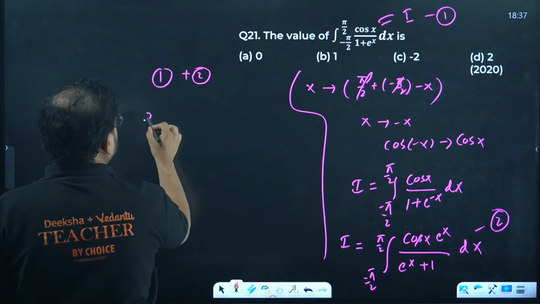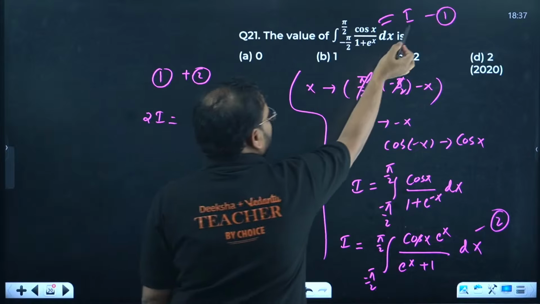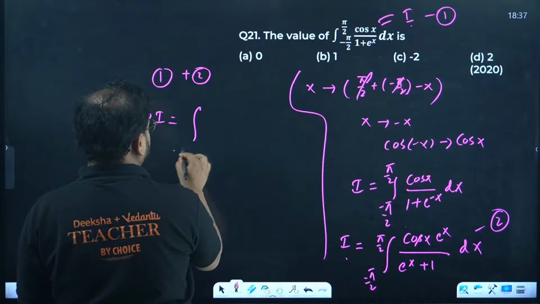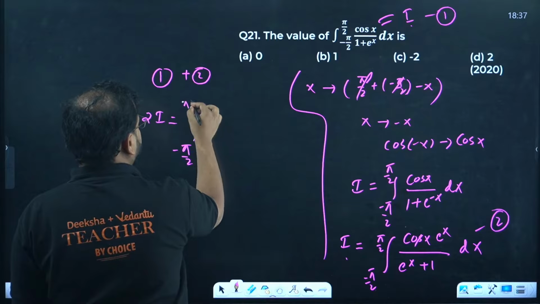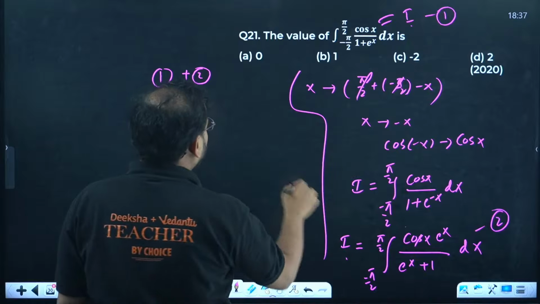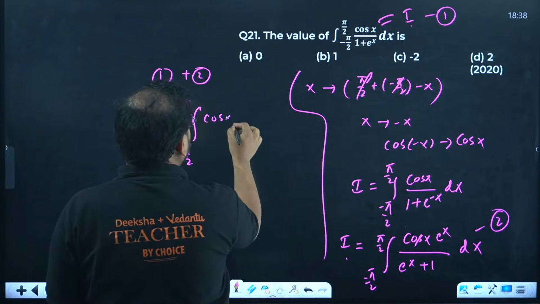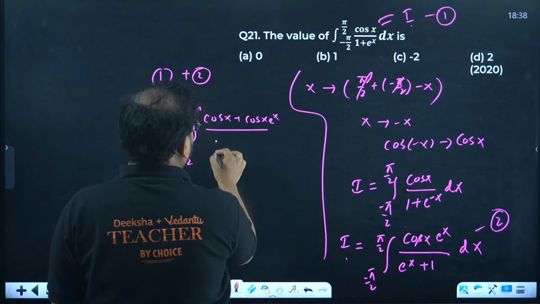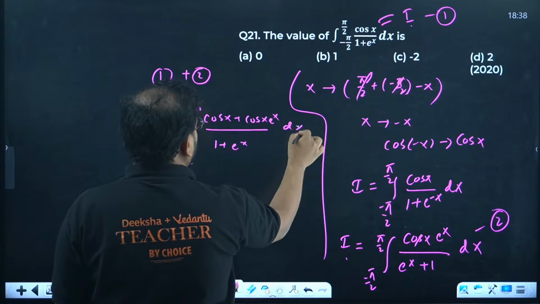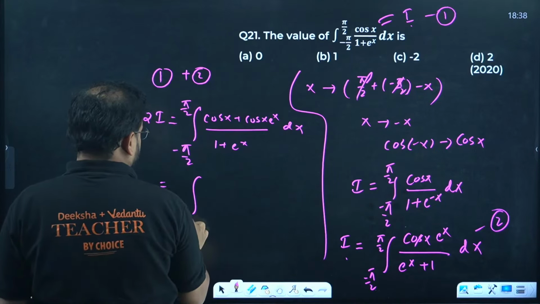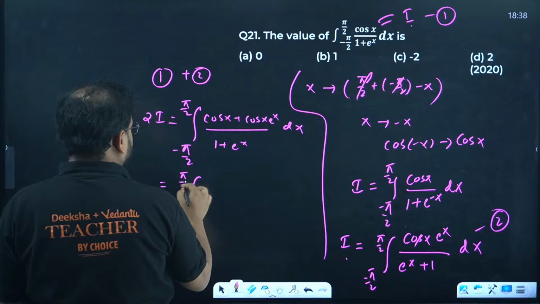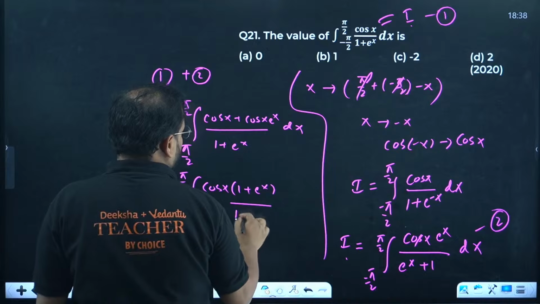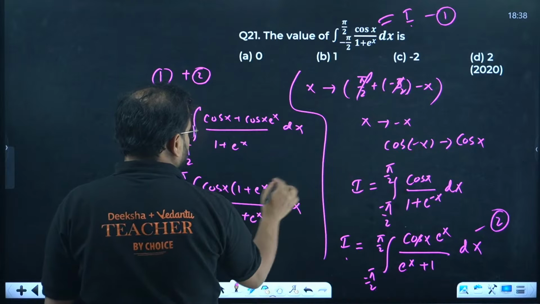You'll have I plus I as 2I on this side. This I and this I I am adding, so 2 of integration I, limits remaining the same. If you add the numerators, you'll have cos x plus cos x e power x, and the denominator is the same, 1 plus e power x dx. You can take cos x common, so we'll have 1 plus e power x over 1 plus e power x dx, which cancels.